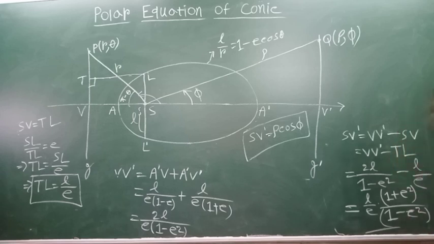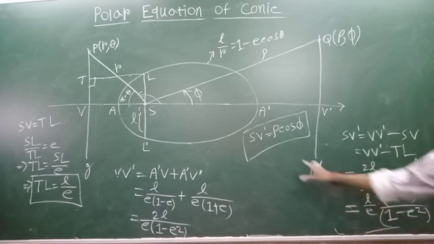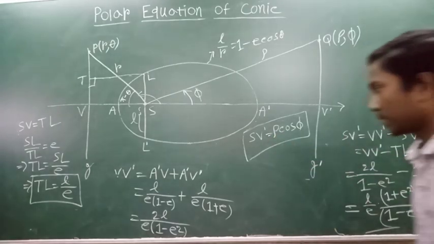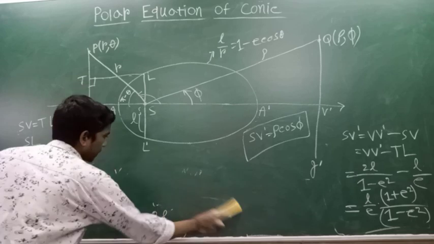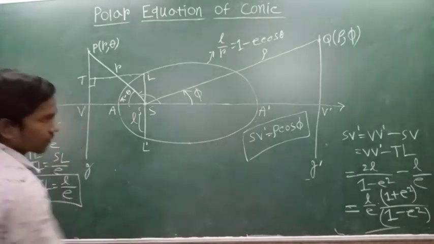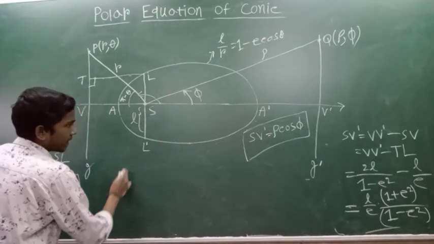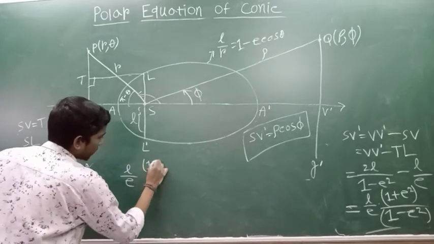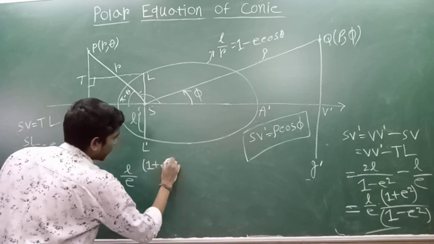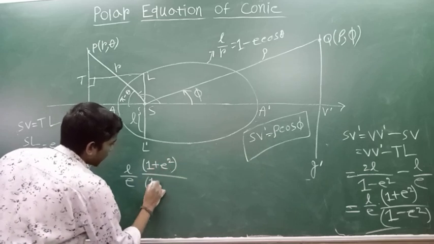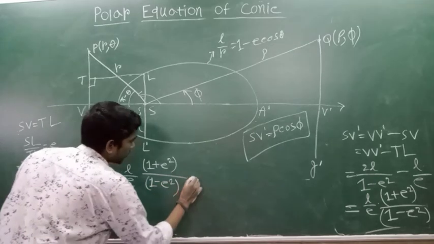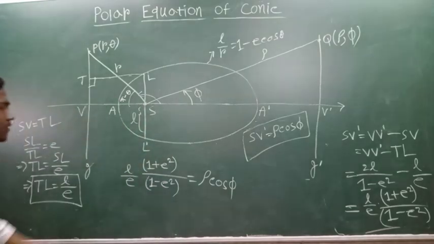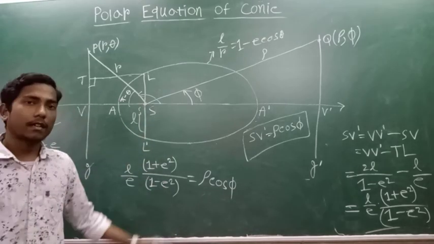So this is our S V dash, and we can put this here, then we will get the required equation of the directrix. So the equation of the directrix is, in place of S V dash, we will write L by E into 1 plus E square divided by 1 minus E square is equal to rho cos phi. Now we just replace rho and phi by r comma theta.